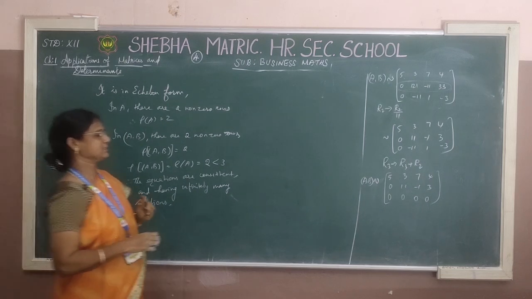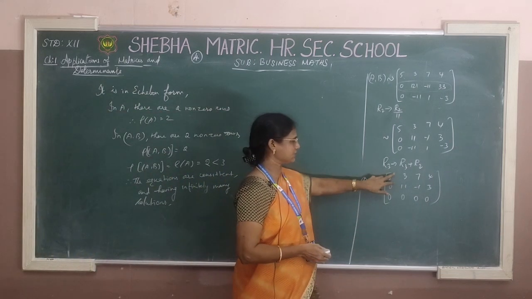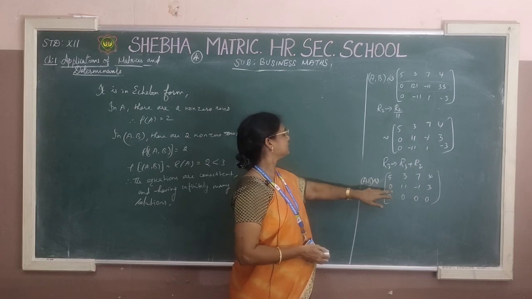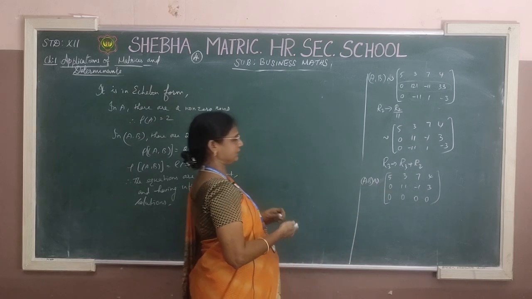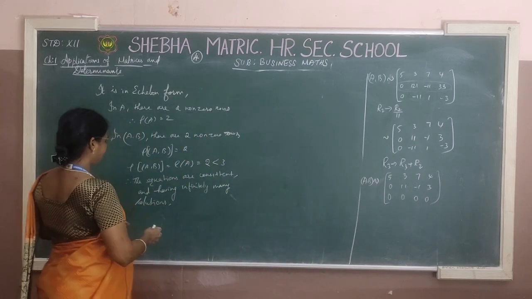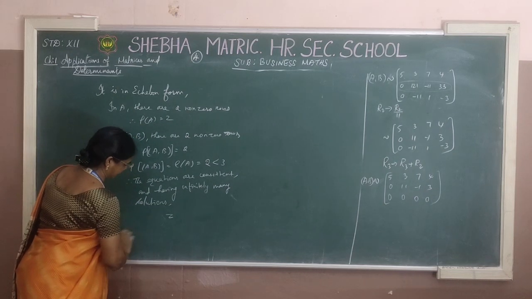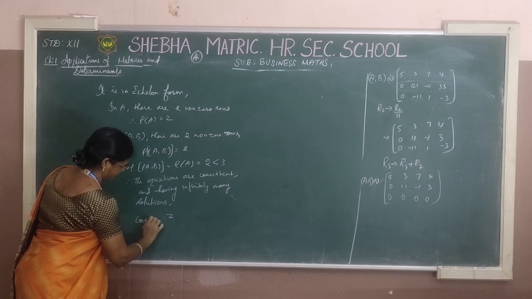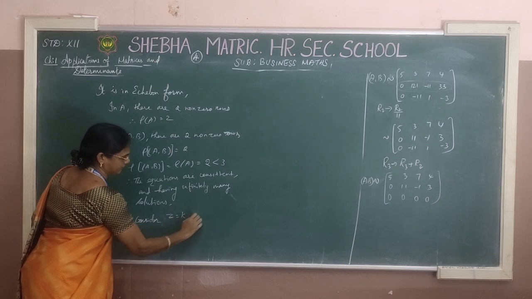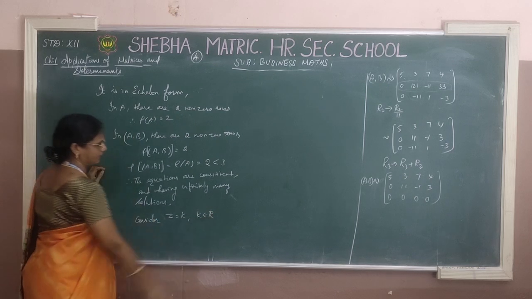And in this case, we get only two equations in x, y, z. So this is not enough to find 3 variables. So in this special case, we have to consider z as k, where k is some real number.